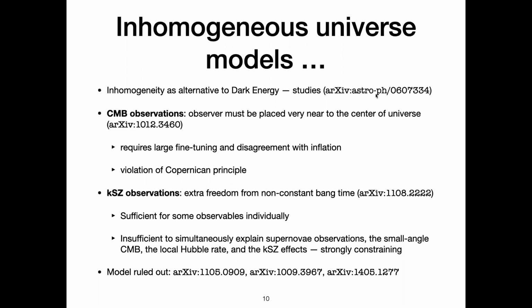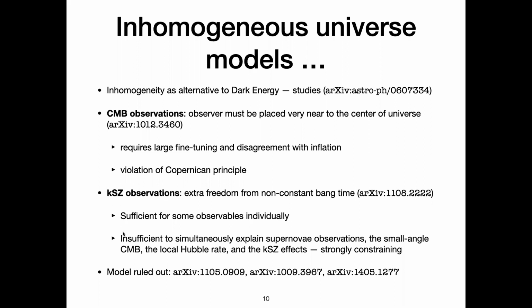So in the path between the last scattering surface and the observer, there are several galaxy clusters, and these cause the Sunyaev-Zeldovich effect, which is just the energy boost for the CMB photons. And the kinetic Sunyaev-Zeldovich effect is just that when the clusters are moving with some bulk velocity, we have to account for that velocity as well.